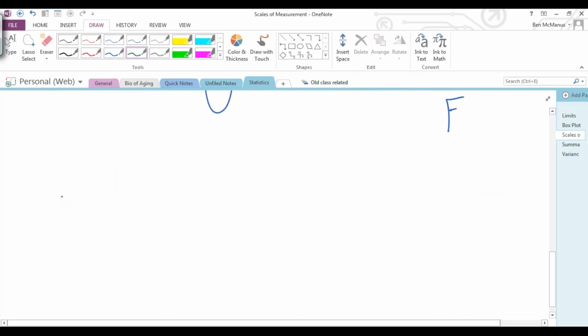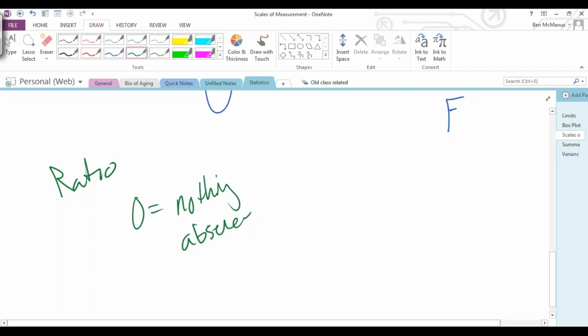Now, ratio, the key distinguishing characteristic between interval and ratio is all about that 0. In ratio data, 0 means there is absolutely nothing there. It means a true absence of whatever it is you're measuring. Now you won't see anyone with an IQ of 0, but if you did, it would mean there are no intelligence quotient points there.